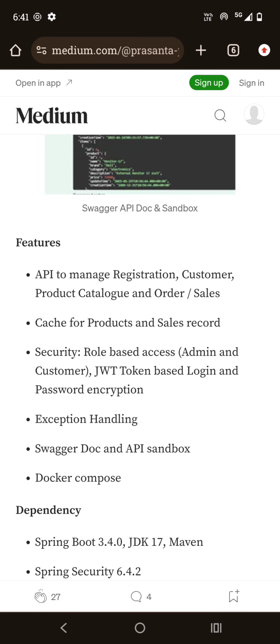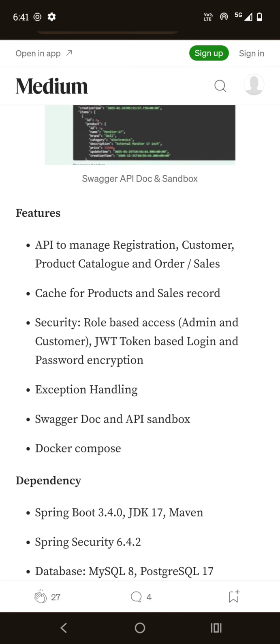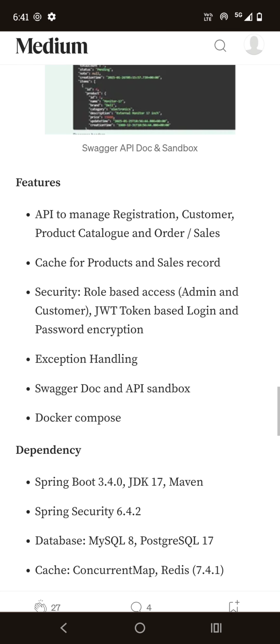It will automate the stuff. Okay, that is the thing.